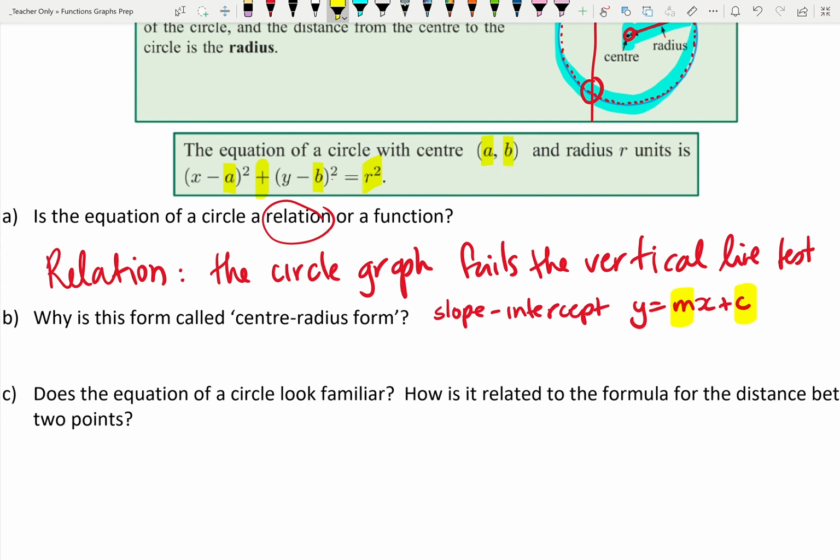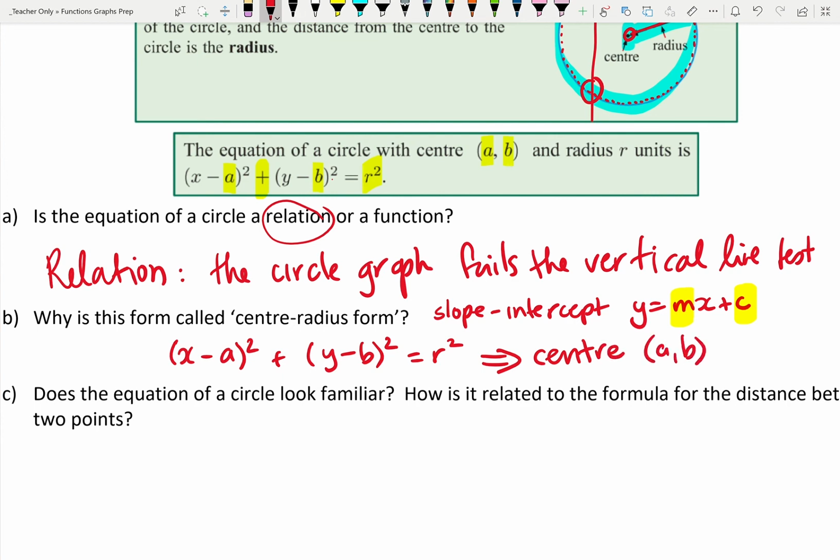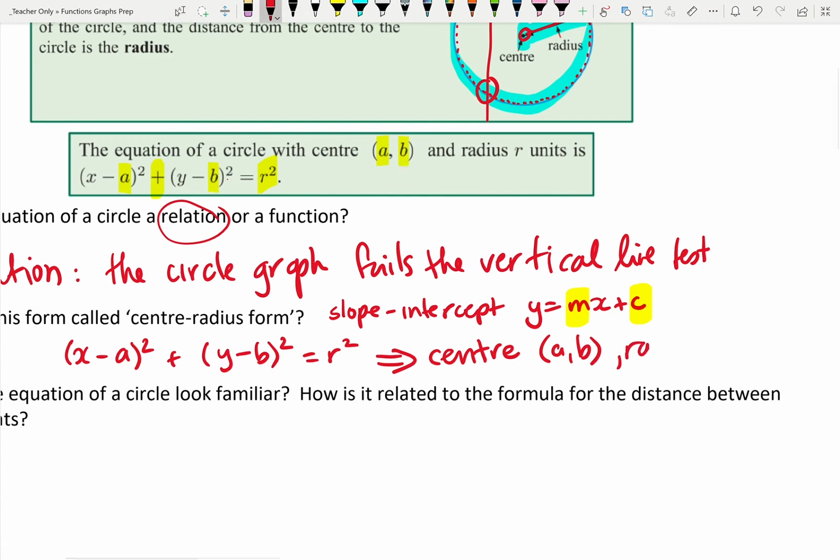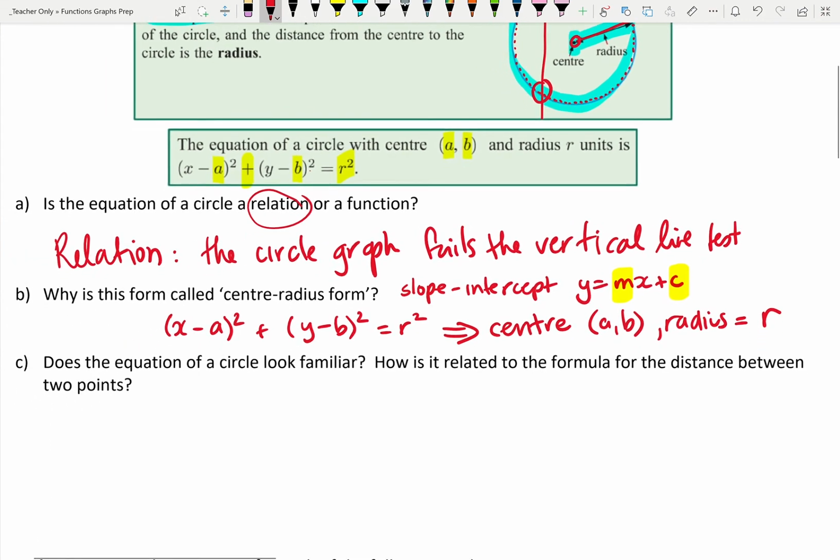And the reason that this version of the circle is called centre radius is that we can read off both the centre and the radius. So this tells us that the centre is at a, b, and the radius is r, not r squared, just r.